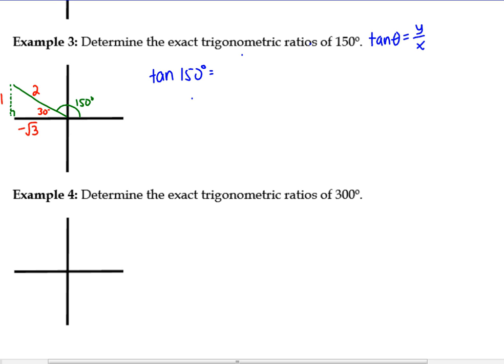So tan is y over x, which would be 1 over negative root 3, and I would have to multiply top and bottom by root 3. I'd probably move the negative to the numerator, since we shouldn't keep a negative on the denominator. Negative root 3 over 3.